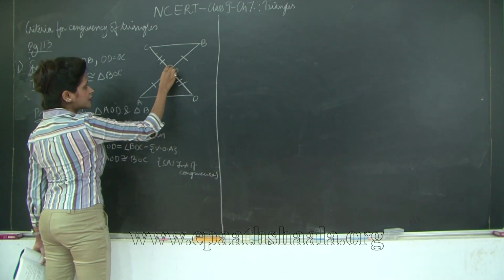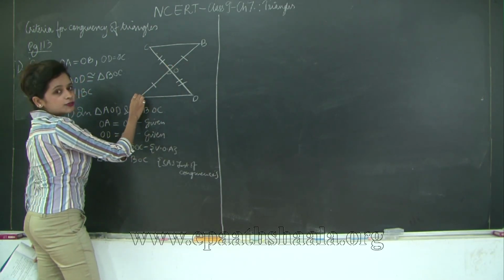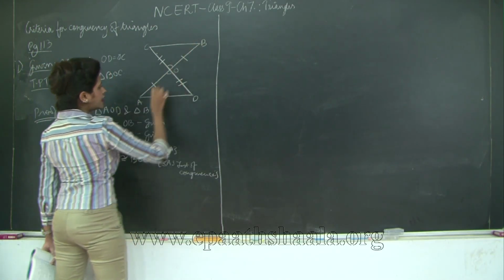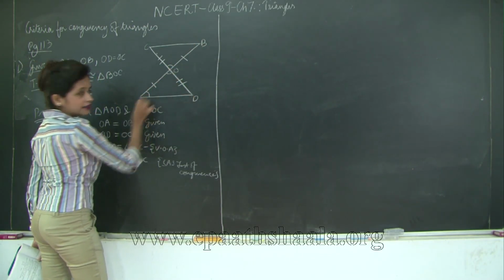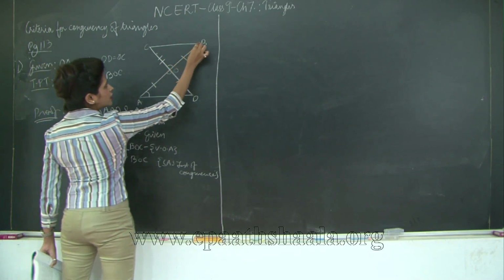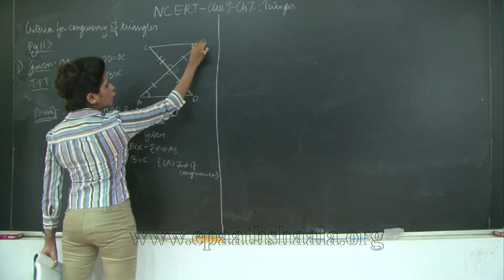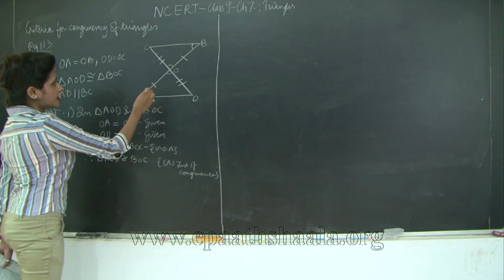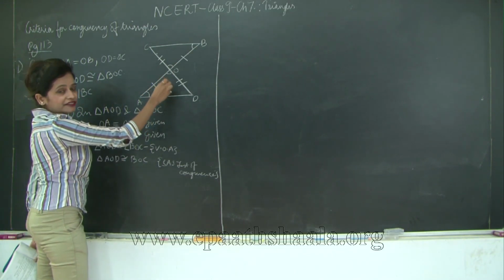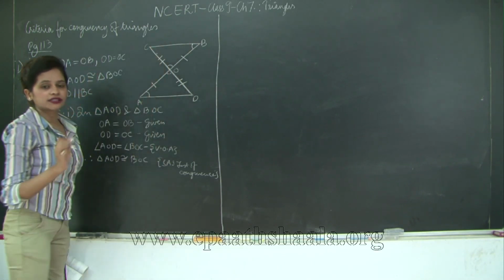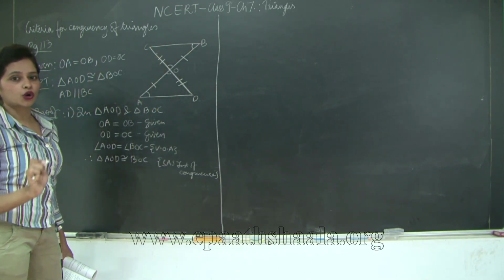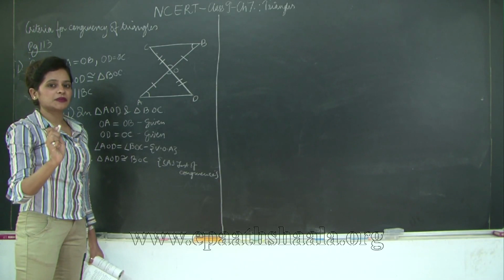It goes from the center to A, but A corresponds to what? B, correct. So, if I take my angle OAD, I will take into consideration this angle OBC, correct. Now, since the two triangles are congruent, I have angles OAD and OBC equal. Why? Because they are corresponding parts of congruent triangles. Remember, we learned the term CPCT.